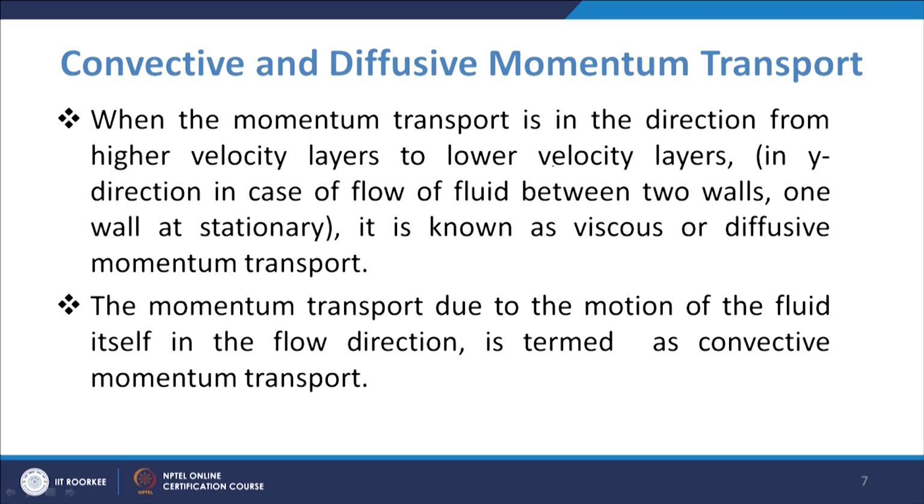Now, as we have seen in the earlier case, the momentum transport is from the higher velocity layer to the lower velocity layer. You will have higher velocity at the lower layer, and at the upper layer you have lower velocity.